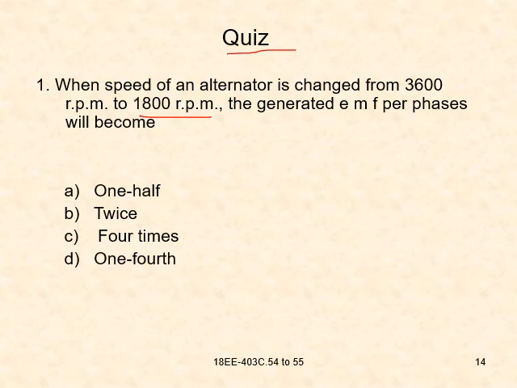When speed of the alternator is changed from 3600 rpm to 1800 rpm, that means the speed has been reduced to half, and the generated EMF per phase will become 1/2, twice, 4 times, or 1/4.